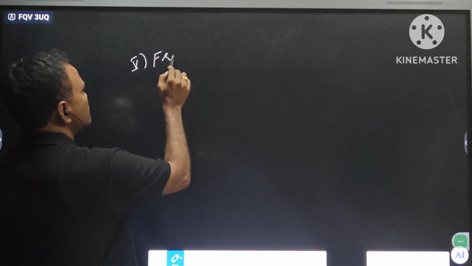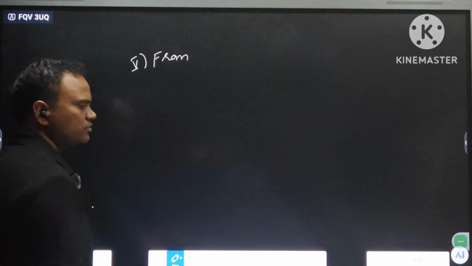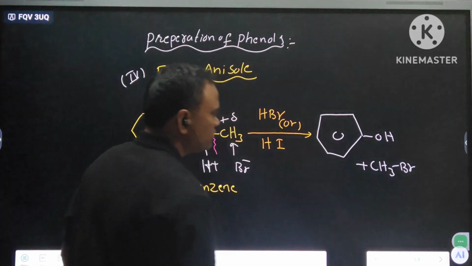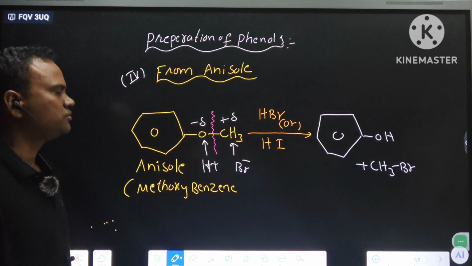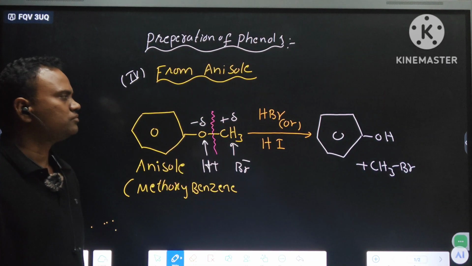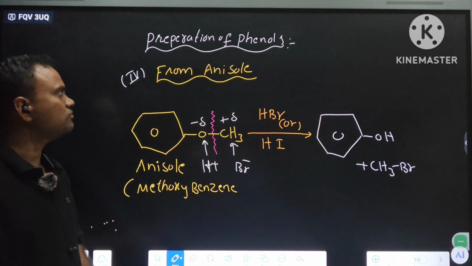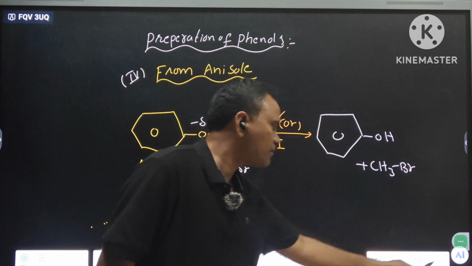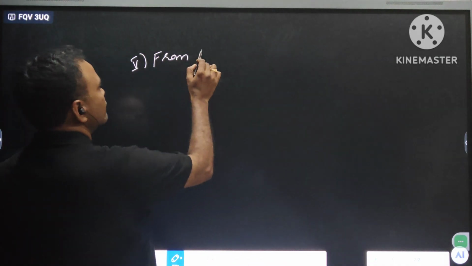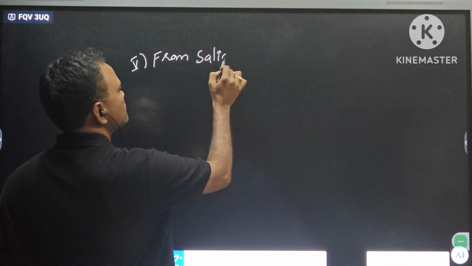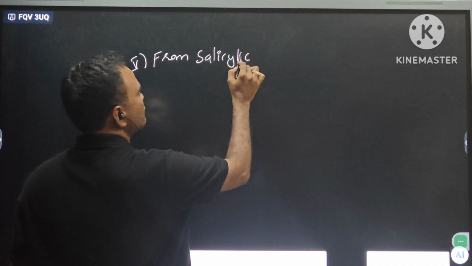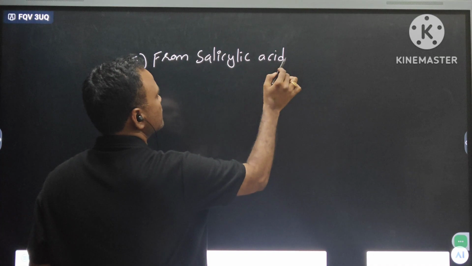From salicylic acid. Next preparation method: preparation of phenol from salicylic acid.